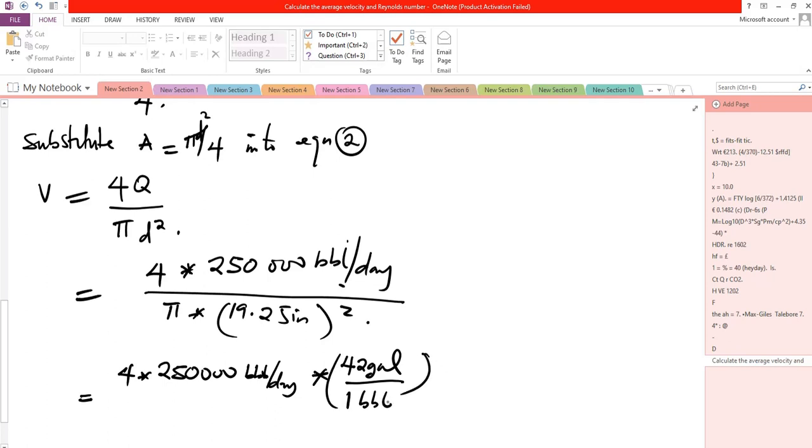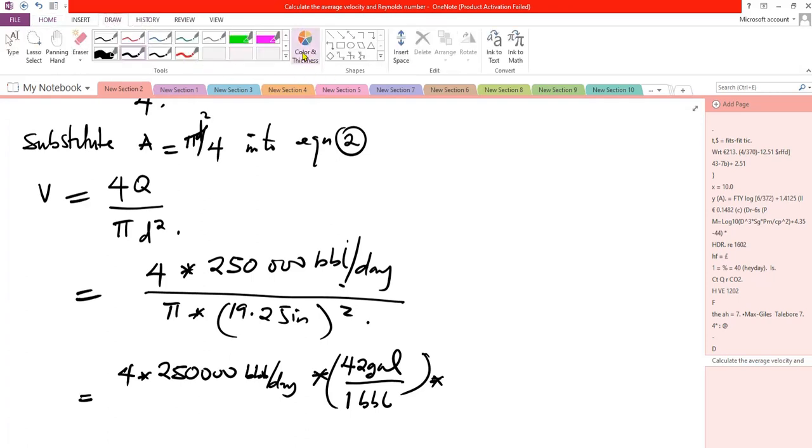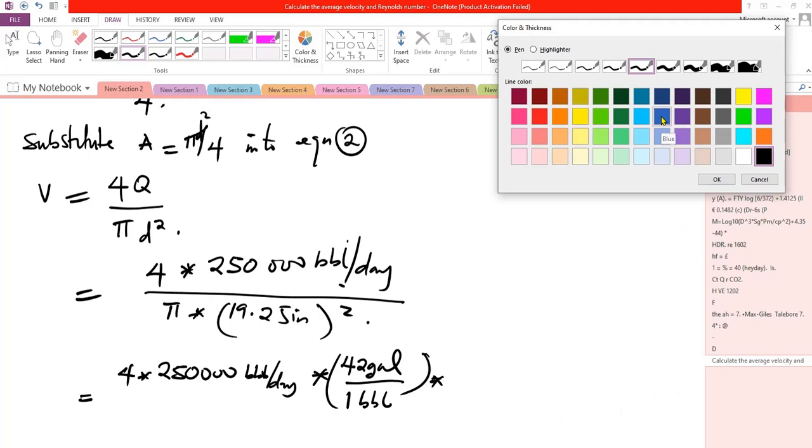You multiply this with that, so the barrel will cancel out. You are left with gallons per day.